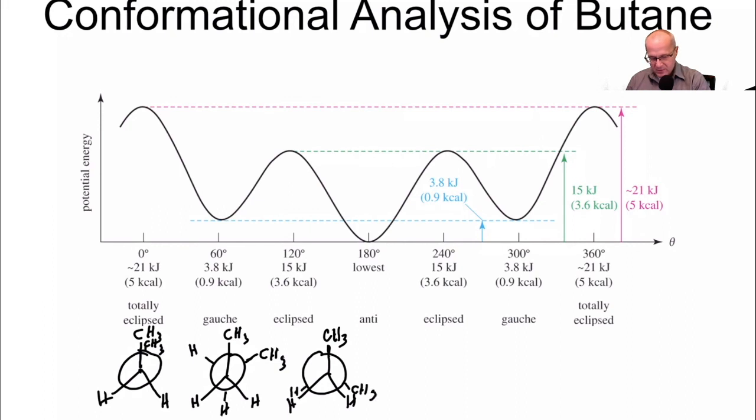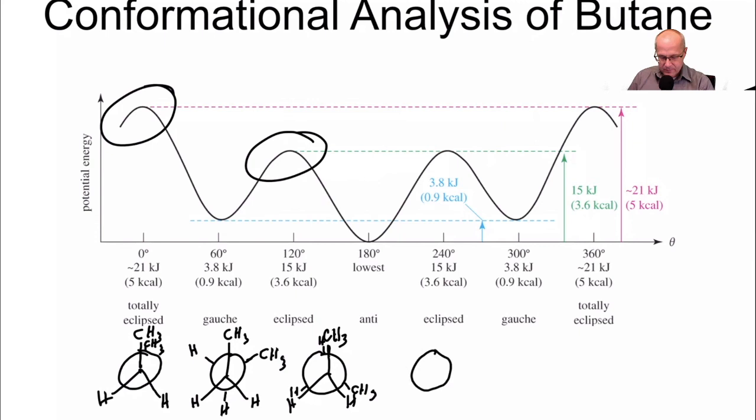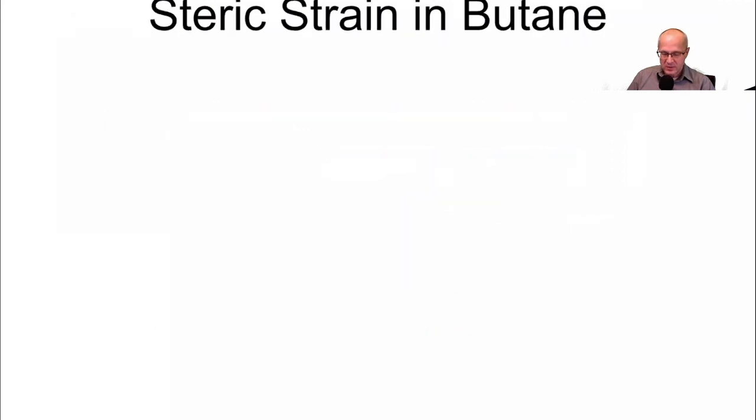Notice how the energy for eclipsed is lower than total eclipsed by quite a bit. And then we're going to go into anti. And it keeps going. Remember, these molecules, they don't think. They just are reacting to energy, so they keep turning, trying to seek low energy.